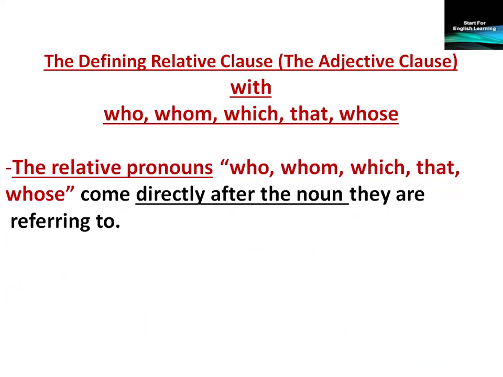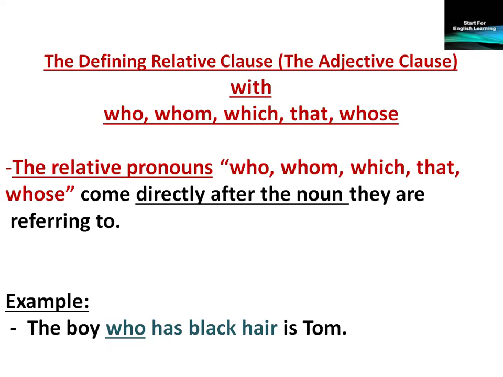The relative pronouns who, whom, which, that, and whose come directly after the noun they are referring to. They come directly next to the noun they describe. Example: the boy who has black hair is Tom. Who has black hair describes the boy.